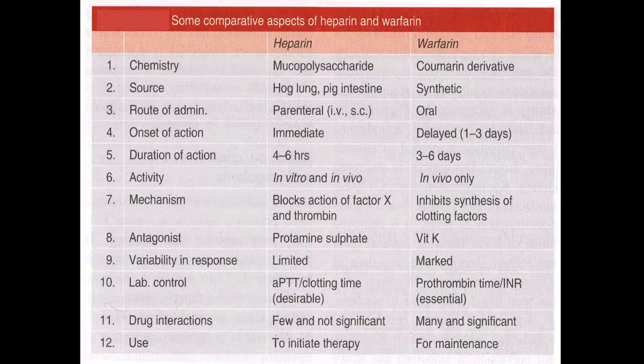Let us compare warfarin, one of the most widespread indirect anticoagulants, with heparin. By chemistry, heparin is a mucopolysaccharide, warfarin is a coumarin derivative. Source: heparin is obtained from hog lungs or pig intestine. Warfarin is of synthetic origin.